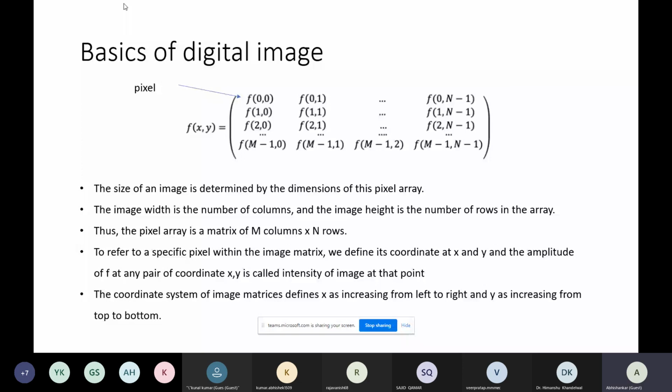In Python the index starts with 0, 0, but in the MATLAB representation of digital images it starts with 1, because in MATLAB the index starts with 1 and in Python the index starts with 0.